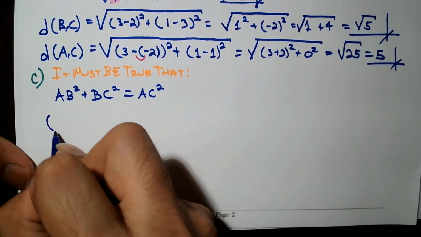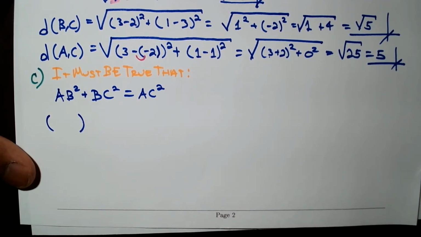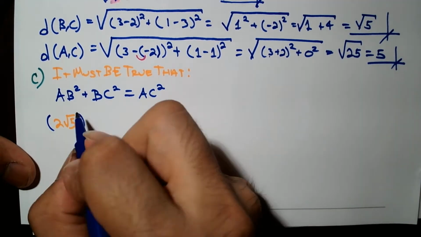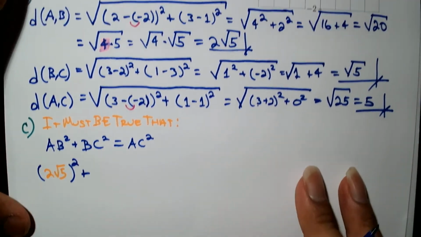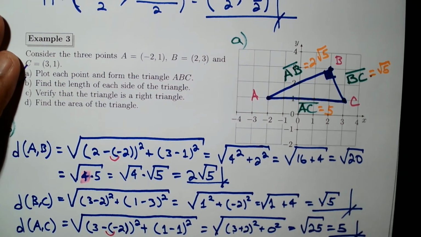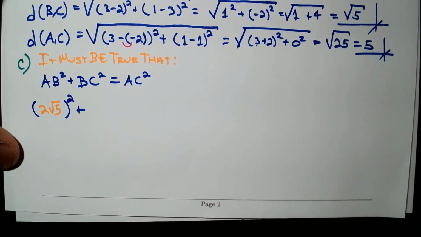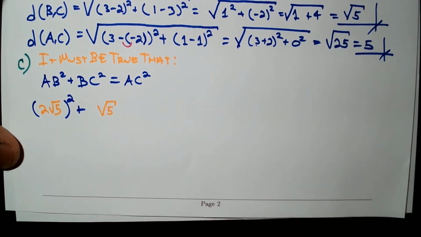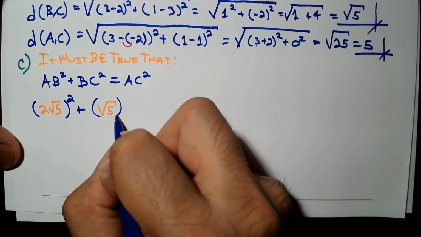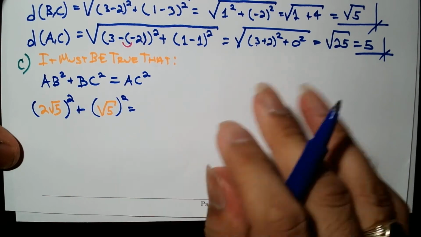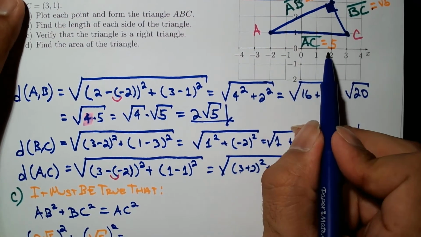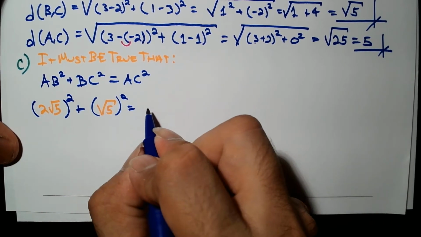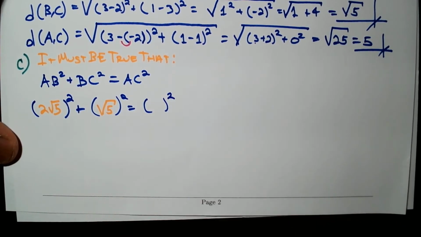So 2 times the square root of 5, quantity squared, plus the quantity BC, which is the square root of 5, and that quantity squared, equals the length AC squared, which is 5.